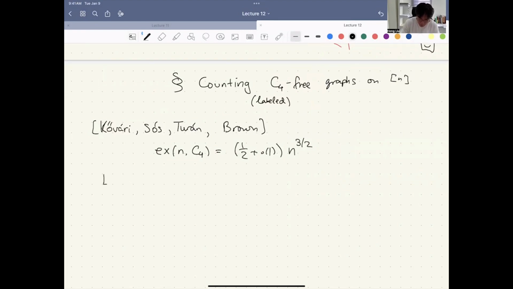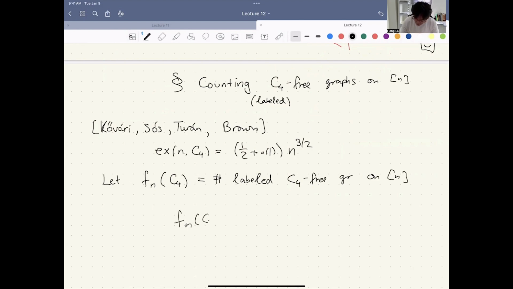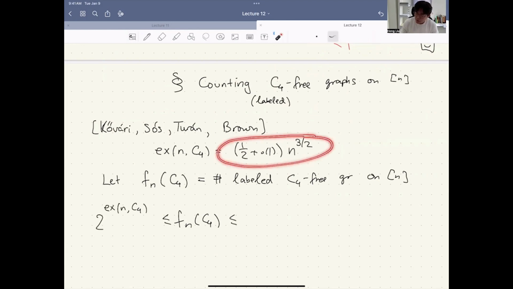Let's denote by f_n(C4) the number of labeled C4-free graphs on n vertices. Trivially, we have f_n(C4) is at least 2 to the extremal number of C4. Take the largest one, take all its subsets. We know the largest such graph can only have this many edges.